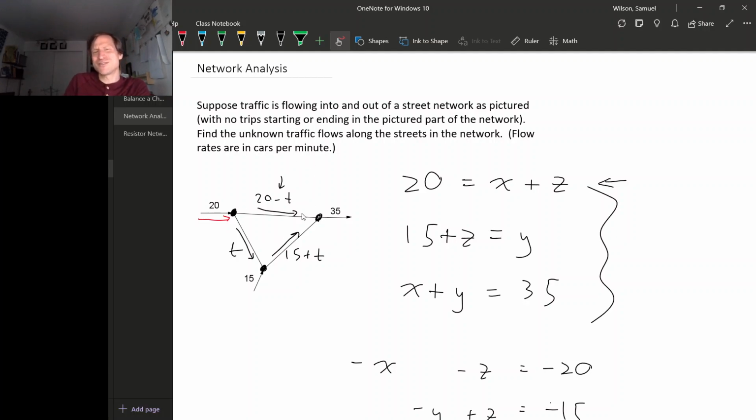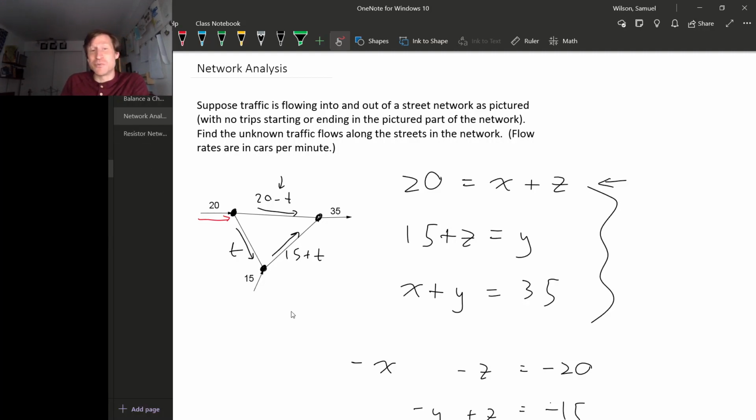Since no one starts or stops their trip in this triangle, one wonders what those people are doing. Probably, if you were actually a traffic engineer, you would want to write all of these things as functions of time so that the flow rates into and out of this bit of street grid could vary over the course of the day. So sometimes you'd have people driving into it, and sometimes you'd have people driving out.